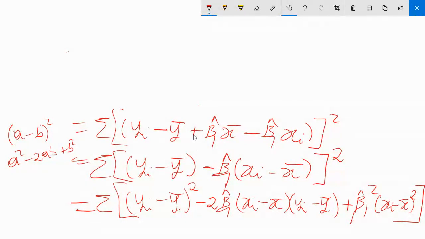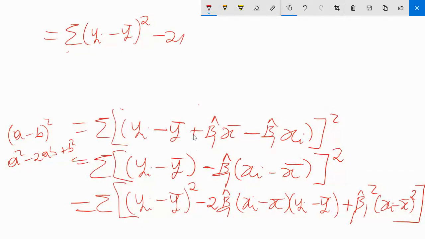So let's finish this. We are almost done. From here, I want to bring in the summation. As you can see, the summation is outside, so we're multiplying everything by the summation. The first term will become this.